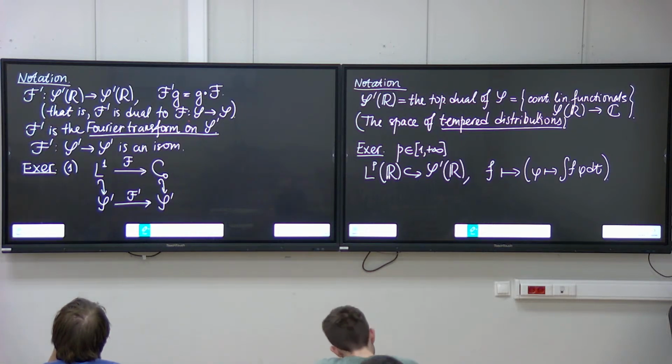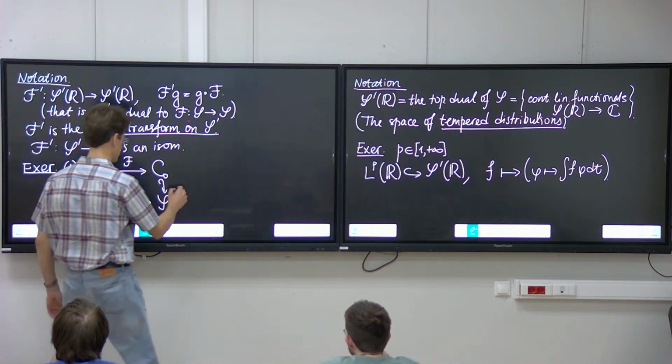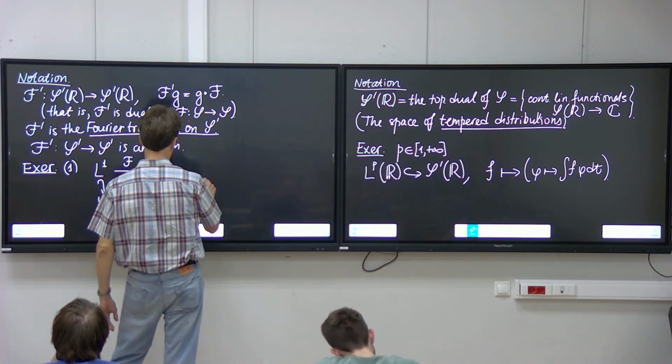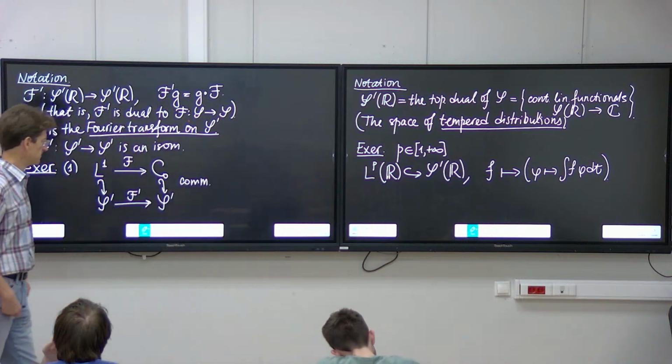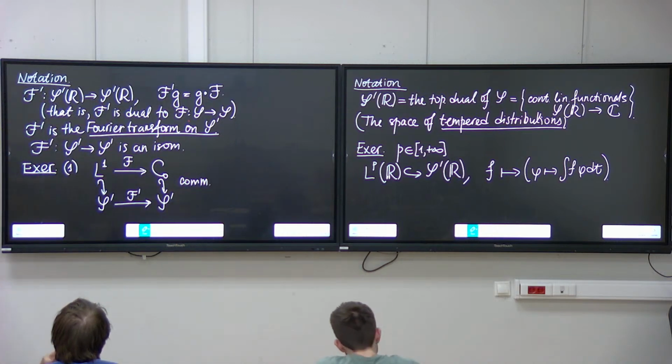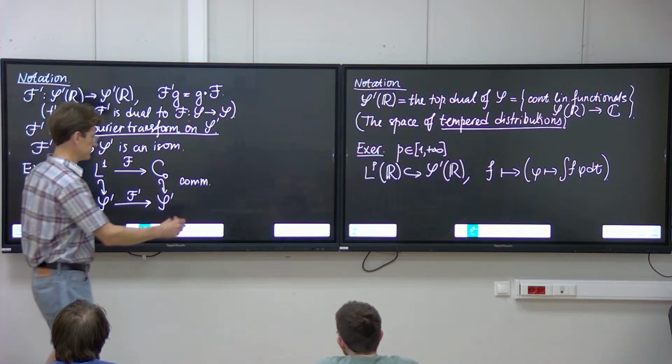So now a straightforward calculation shows that the diagram commutes. This is a straightforward calculation based on Fubini's theorem. But since F prime is an isomorphism, this really implies the uniqueness theorem, the injectivity of F.